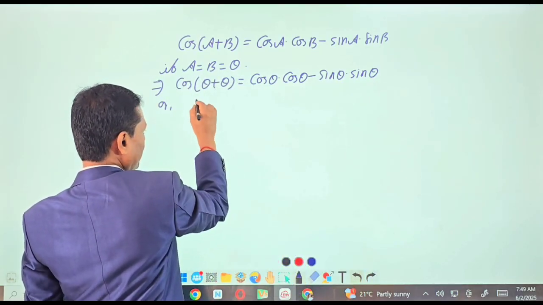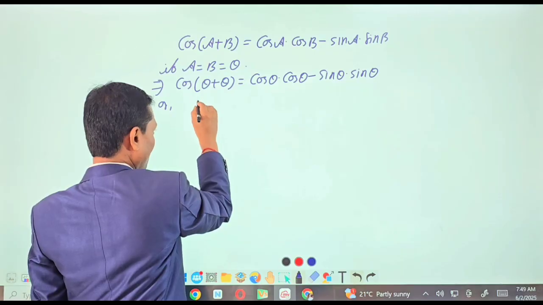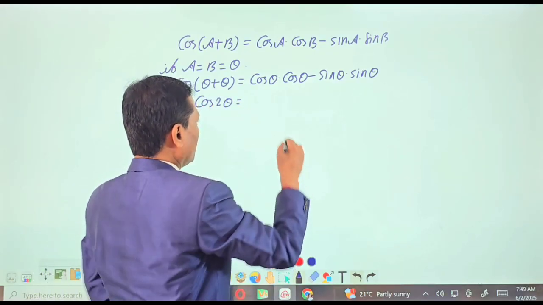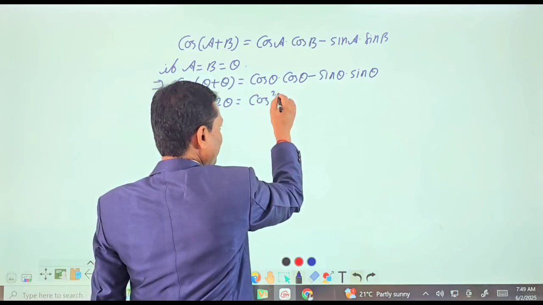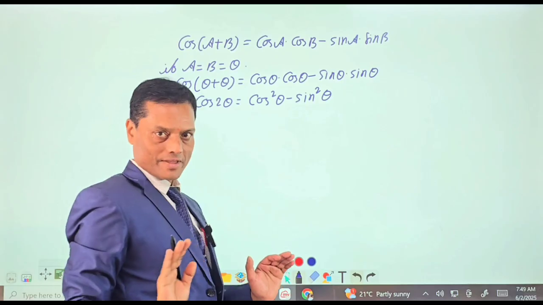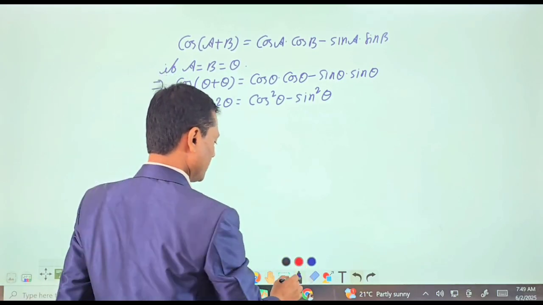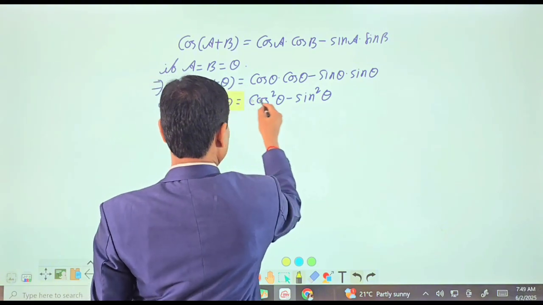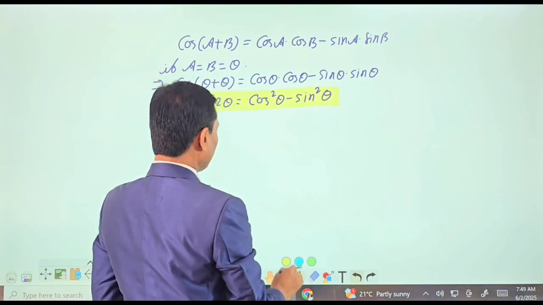Now we know that theta plus theta equals 2 theta, so we can write cos 2 theta, and this gives us cos square theta minus sin square theta. Yes or not? So that's the first formula of cos 2 theta, right? That's the first formula.